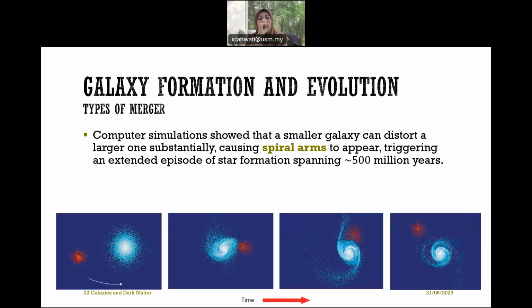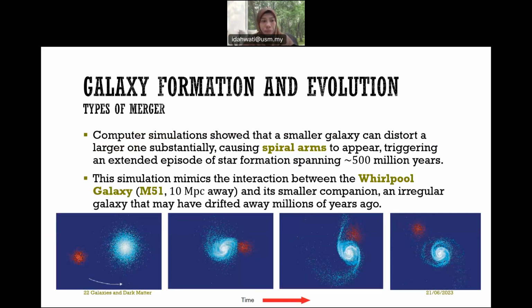This is from a computer simulation that shows a smaller galaxy being distorted, and the larger one having spiral arms appear and triggering an extended episode of star formation.